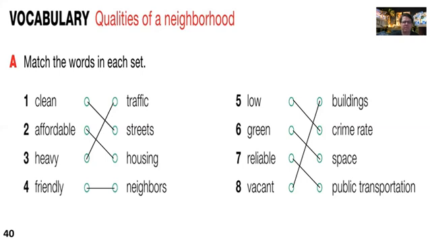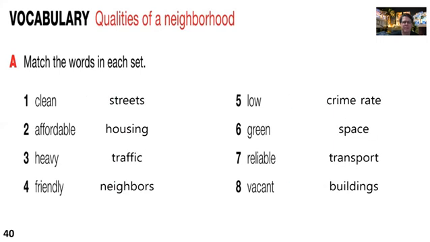Okay, so now, of course, if we were in class, I'd go over, what do you think is good or bad, but let's just go over this anyway. Let me remind you. All right, clean streets, great. Affordable housing, very good. Heavy traffic, not so good. Friendly neighbors, great. Low crime rate, perfect.